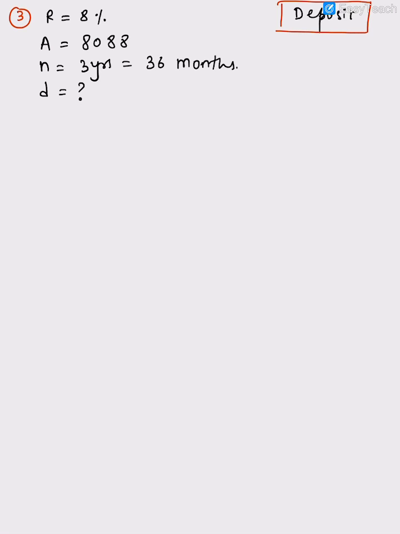So you have to find out D here. Again, first write the formula of amount. Amount is equal to D into N in brackets 1 plus (N plus 1) by 2 into 1 by 12 into R upon 100. Okay, I mixed up, I was supposed to write only the formula out here.